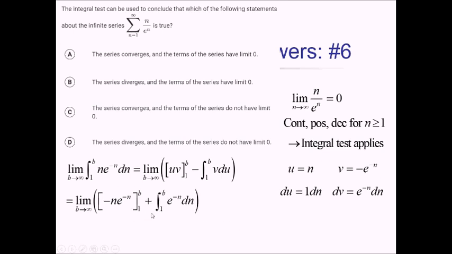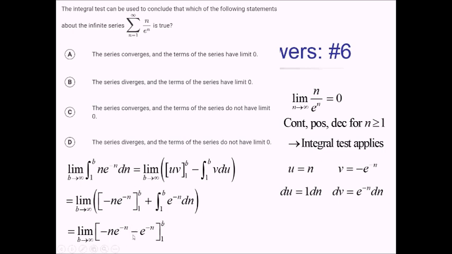And I can go one step further here and take the antiderivative of this expression, so that's going to be negative e to the negative n, which I can lump together with the rest of this evaluation box, since everything's being evaluated from 1 to b. And now it's time to plug in b and plug in 1.